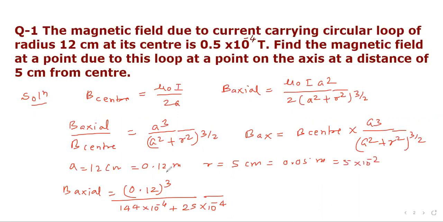Similarly here, 12 into 10 power minus 2. Then whole power 3 by 2 times 0.5 into 10 power minus 4. So if we simplify it, we will get 3.9 into 10 to the power minus 3 Tesla.